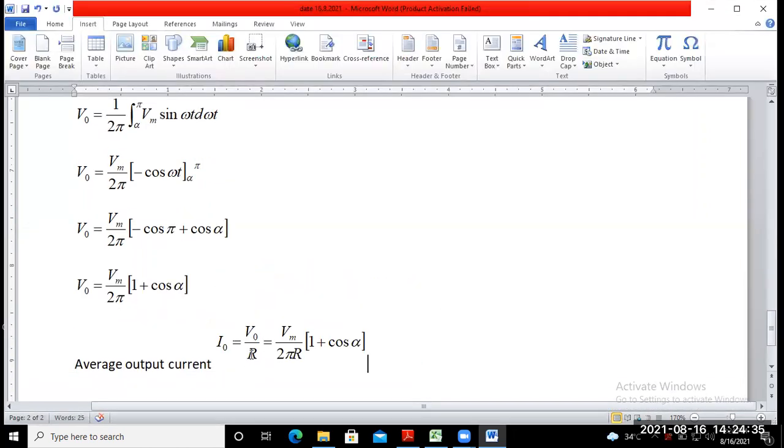So this one is your average output current, means V0 by R equal to Vm by 2 pi R into 1 plus cos alpha.